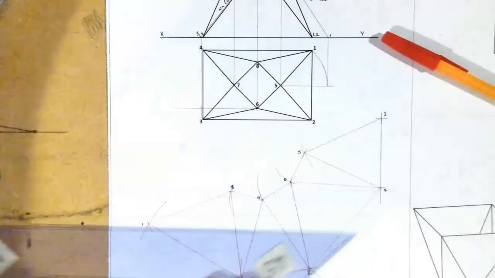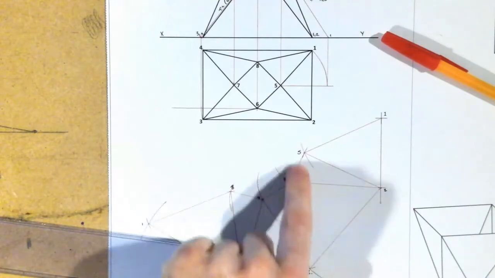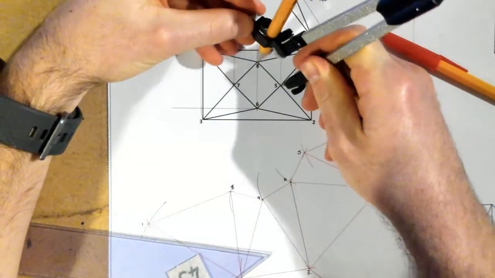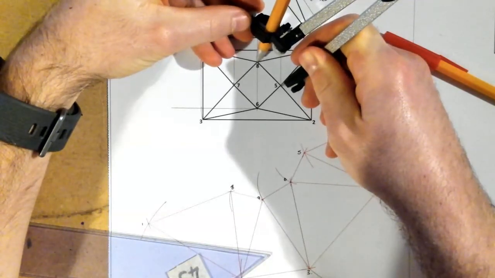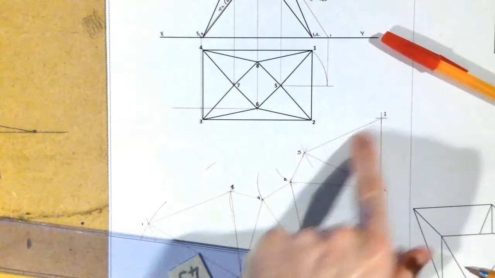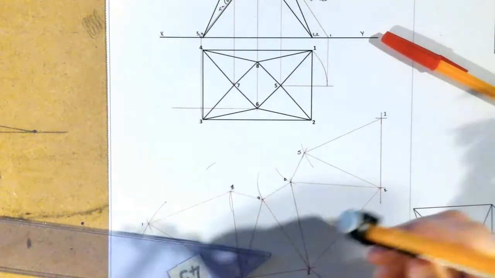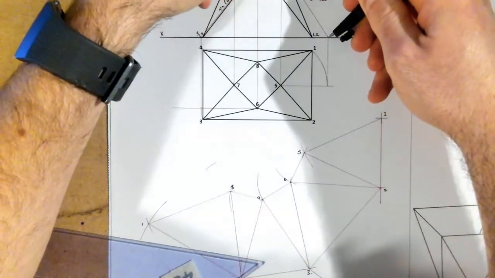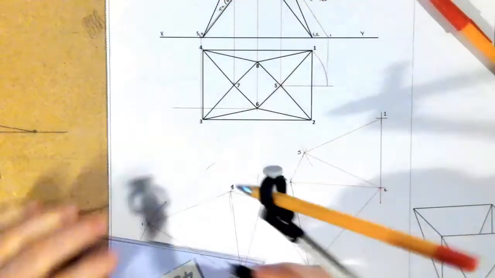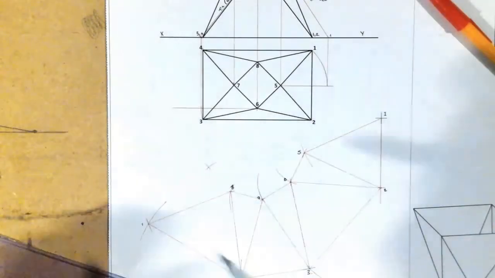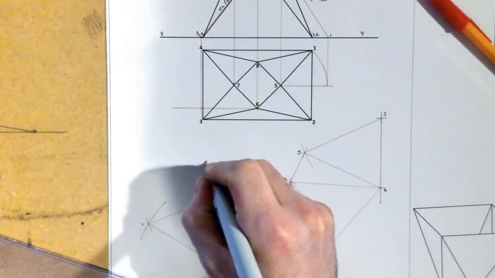And the last thing I need is 8 back to 5. And if you remember, we started with 1 and 5, so we have to finish with 1 and 5. 1 to 5 was this true length here on the right. There's my 5.